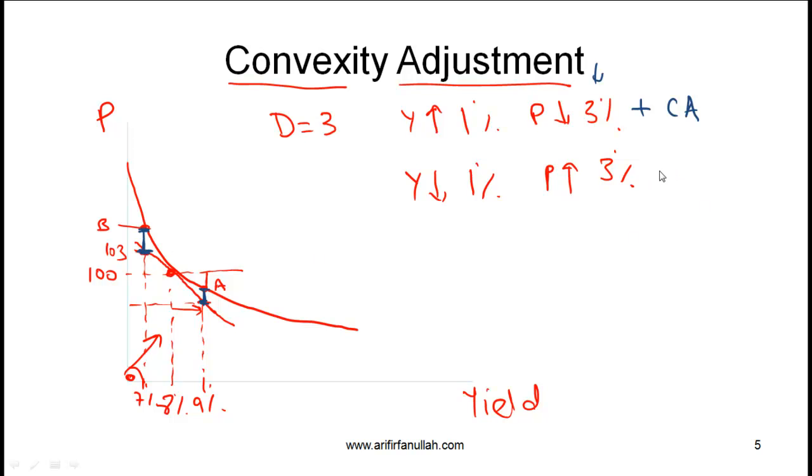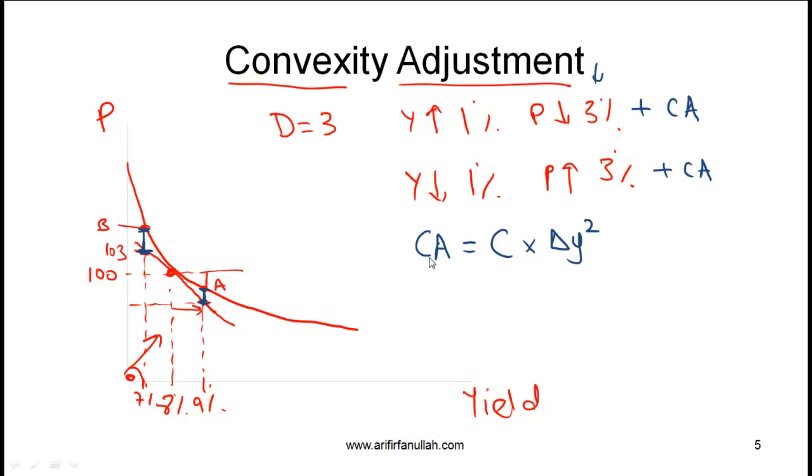So in both cases, when yield goes up and when yield goes down, we need to add a convexity adjustment to the simplified number that is given to us by the duration measure. So the next question then becomes, what is the convexity adjustment? And the answer is that convexity adjustment is calculated as the convexity of the curve times delta y squared.